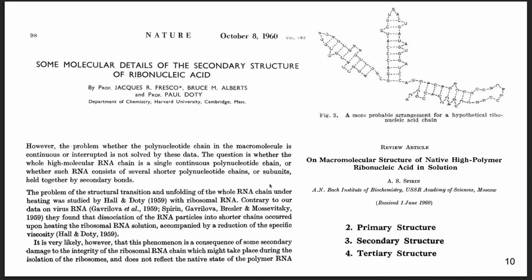Another interesting paragraph from this paper is that at that moment people asked whether the RNA in some complexes where they found it, such as RNA viruses or ribosomes, which consist of RNA and proteins, comes as a single long linear polymer chain, or as a set of different chains.